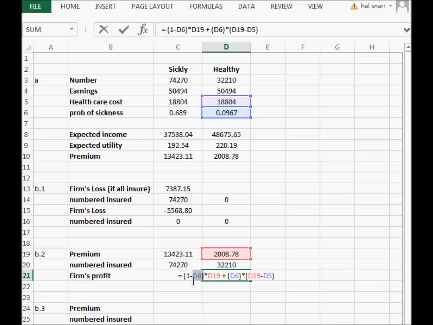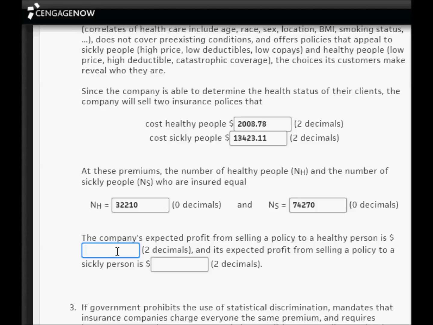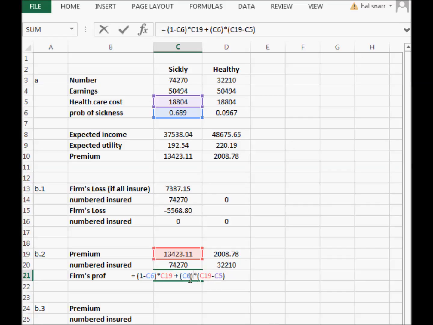The probability of that occurring is the probability that the healthy person does not get sick. So the firm profit on a healthy person's insurance policy is $190.43.